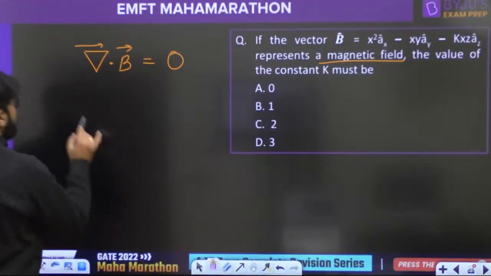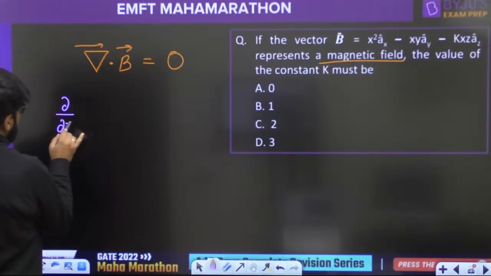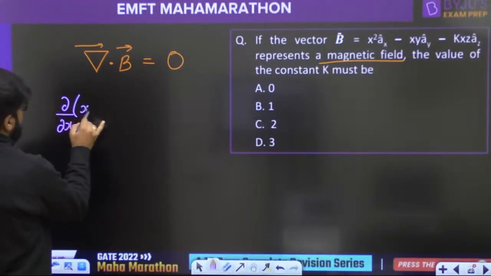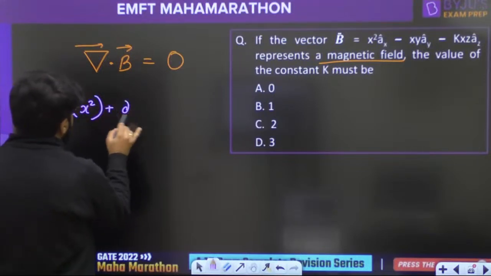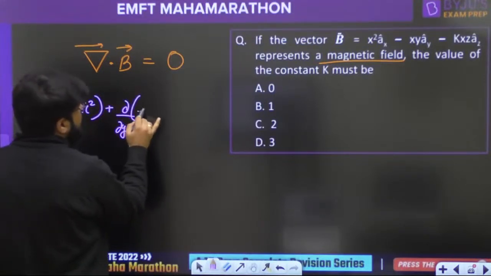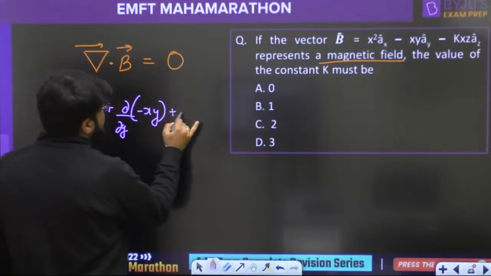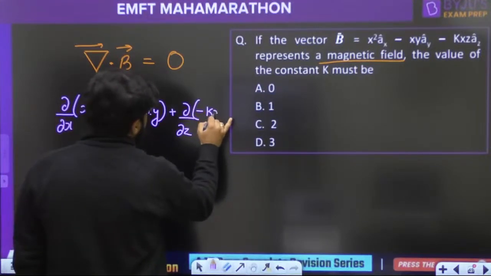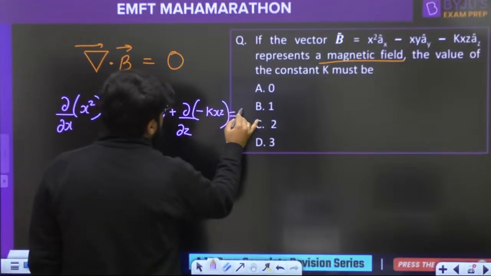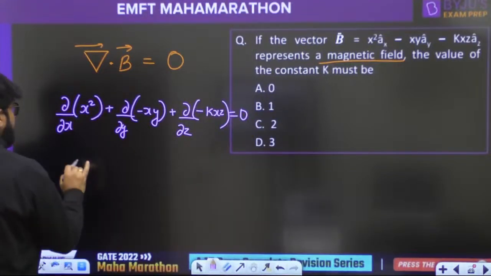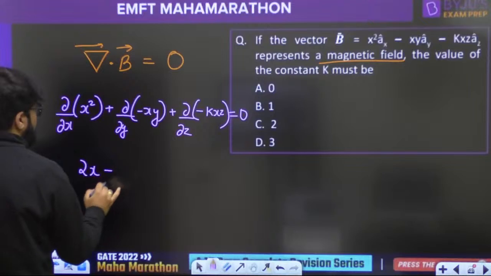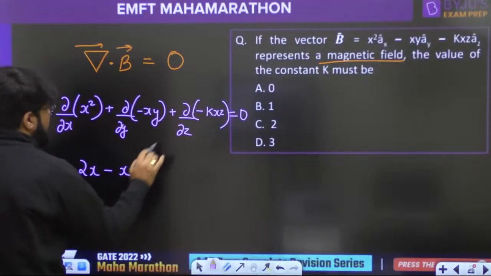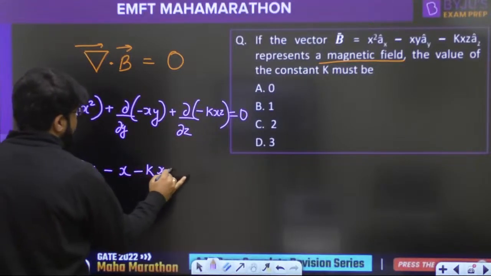So what is the divergence of B formula? Del by del x of the x component plus del by del y of the y component, minus xy, plus del by del z of the z component, that is minus kxz. Total should be 0, right? So 2x minus x, differentiation with z, minus kx is 0.